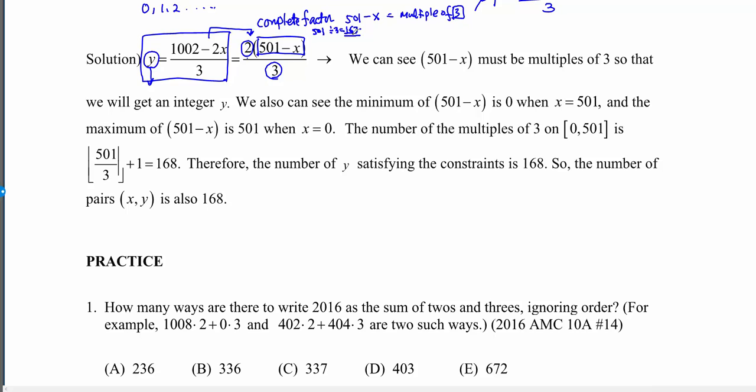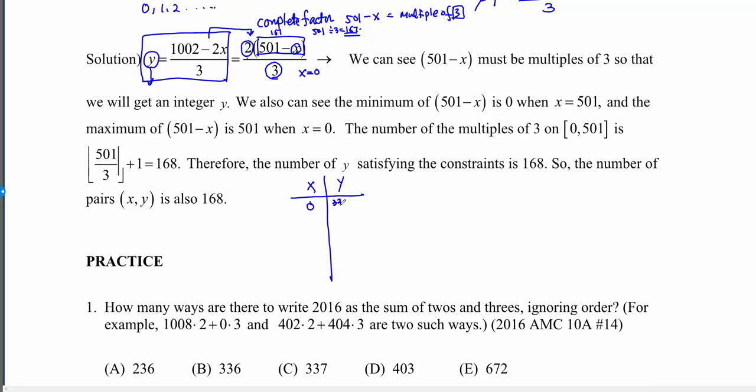So maybe you can try x equals 0 first. When x equals 0, what is y? 167 times 2.